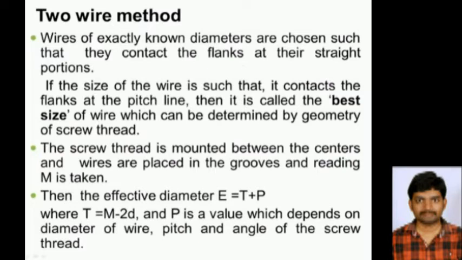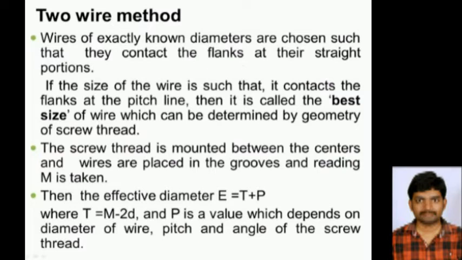The screw thread is mounted between the centers, and wires are placed in the grooves, and reading M is taken. M is a measurement over rollers.